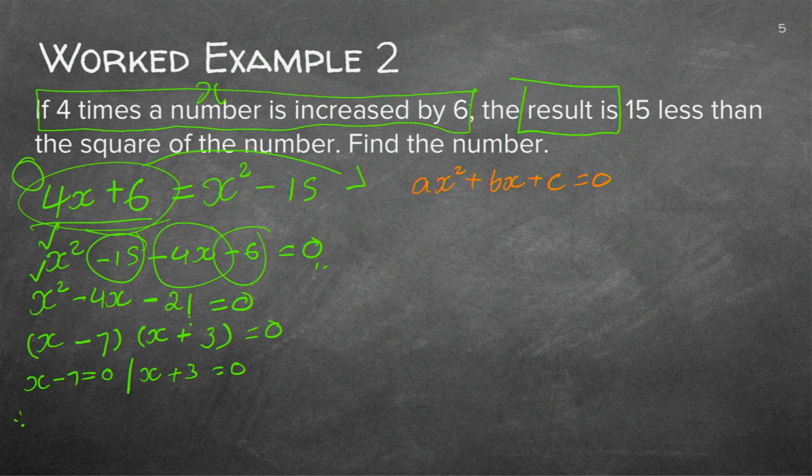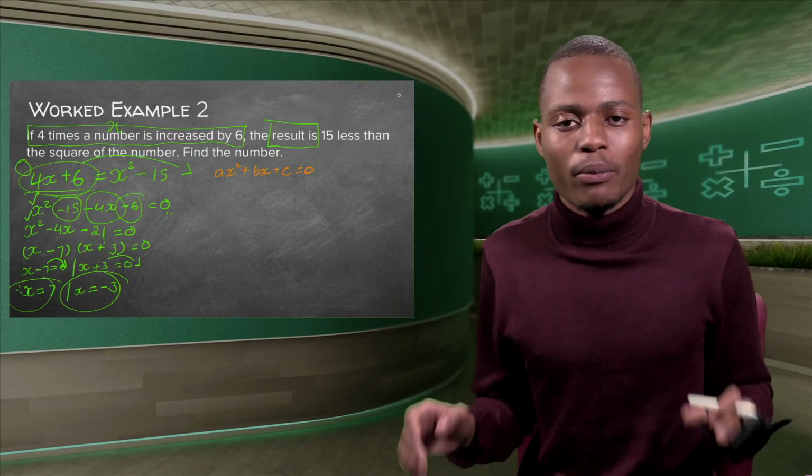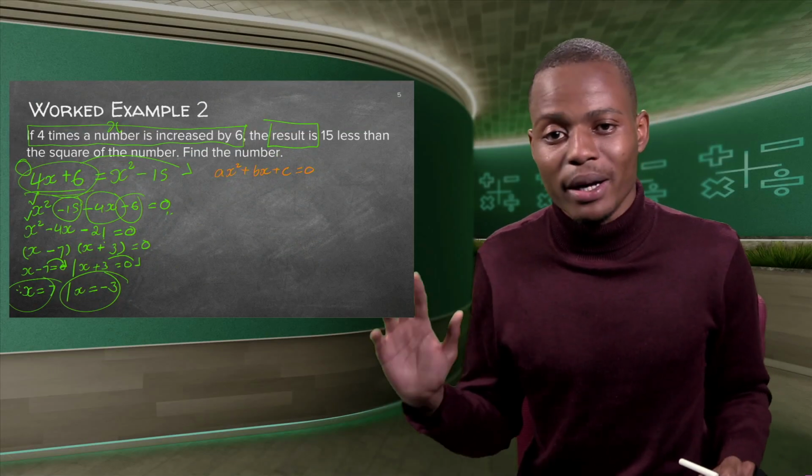So from the first solution, x is 7, because negative 7 went to the other side and became positive, or x is also negative 3, because negative 3 went to the other side. If you have a quadratic problem, you are more likely to end up with 2 solutions. That is your maximum.